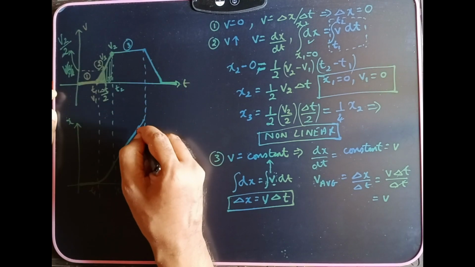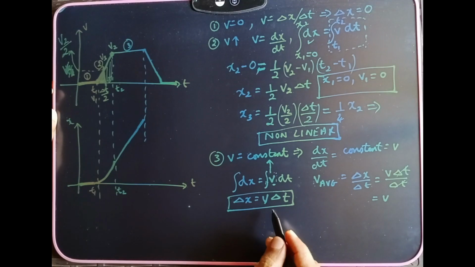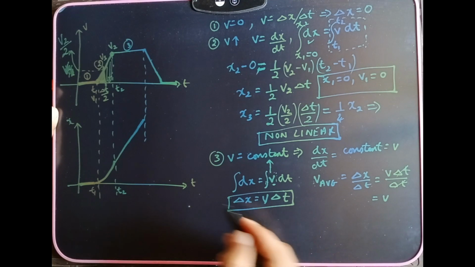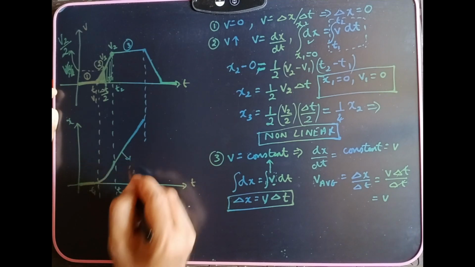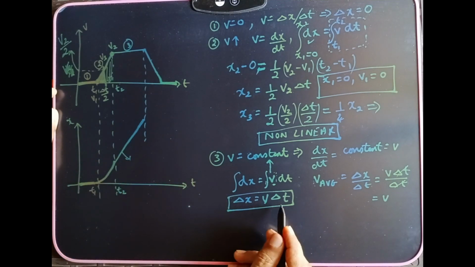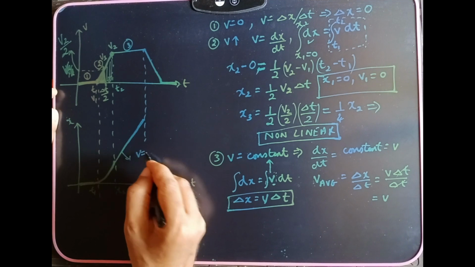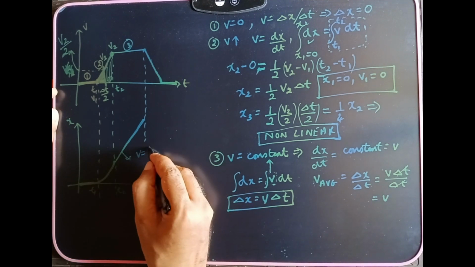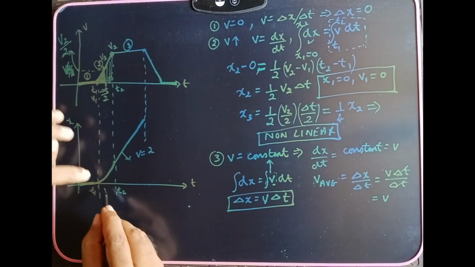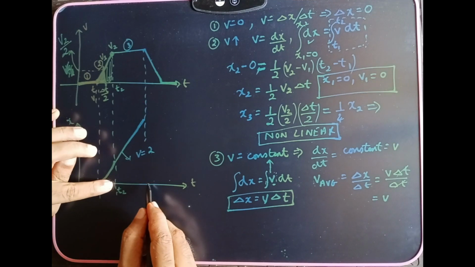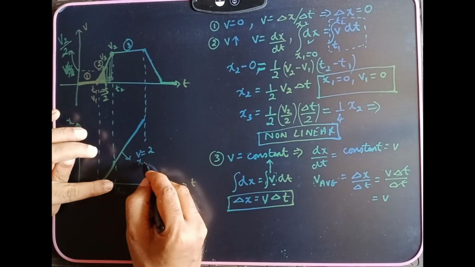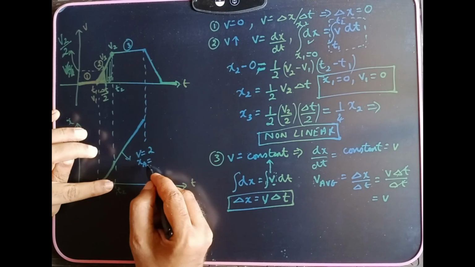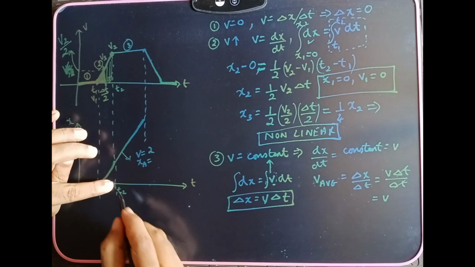I hope you understand the concept of why it should be a straight line. I'll take an example here. So I'll say delta x is v times t, and I'll say v is some constant number, 2, and t is changing here, right? So what will happen to x? X will have many displacements.